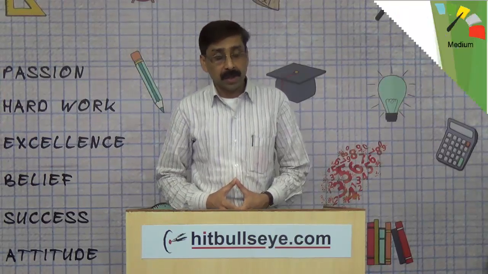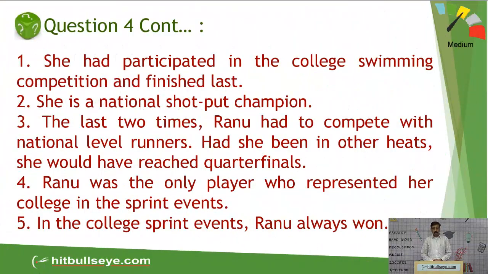Let's scan the choices now. First, she had participated in a college swimming competition and finished last. Again, this is criticizing, insulting this sports person. Therefore rejected. The last two times Ranu had to compete with national level runners. Had she been in other heats trials, she would have reached the quarterfinals. We are just talking about the quarterfinals, so not a big achievement. Therefore rejected.